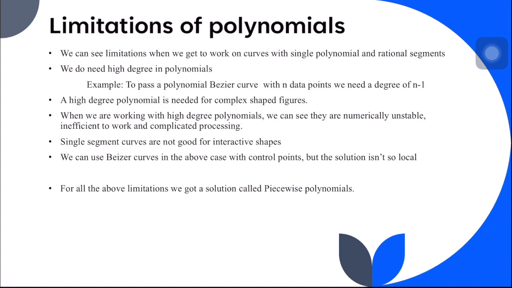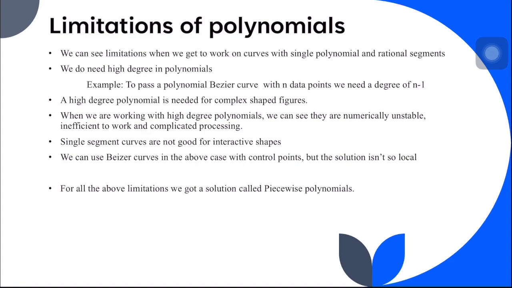We can see there are a few limitations when we work with curves with single polynomial and rational segments. We need a high degree in polynomials. For example, to pass a polynomial Bezier curve through n data points, we need a degree of n minus 1, and a higher degree polynomial is needed for complex shaped figures.